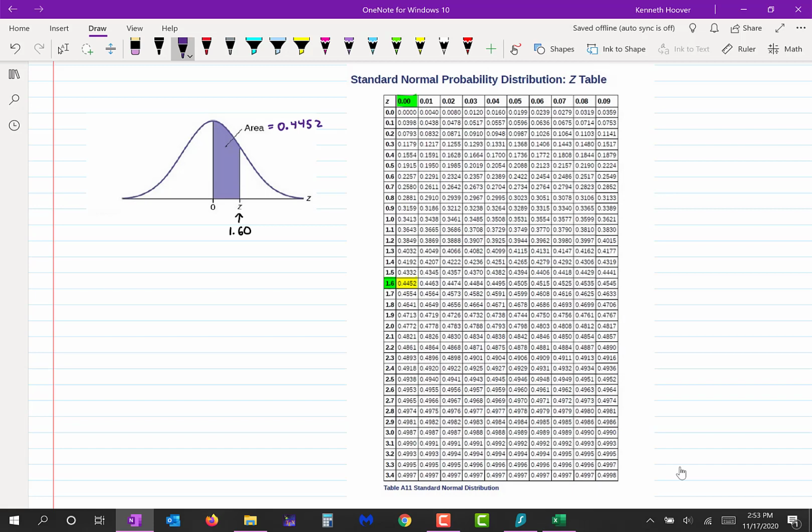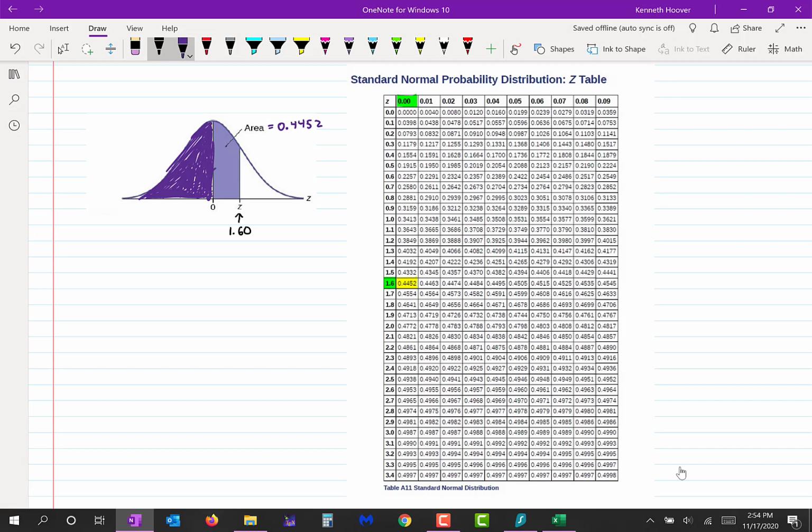Now remember, we would like to find the whole area all of the way to the left end, not just from 1.6 to the center, which is what the table has told us. We want the area from 1.6 all the way over to the left.